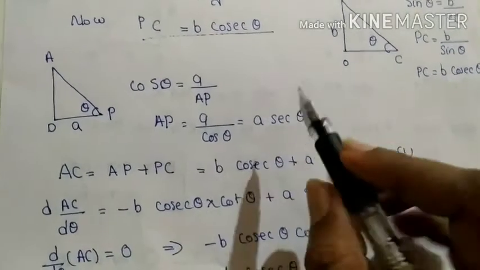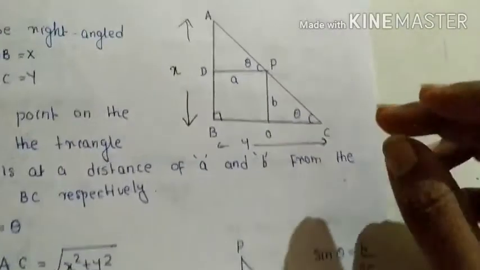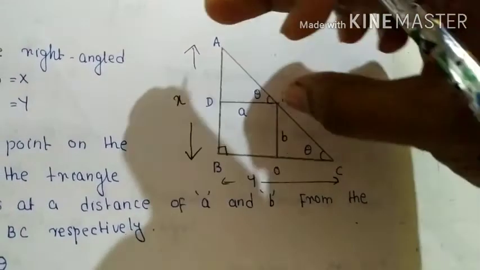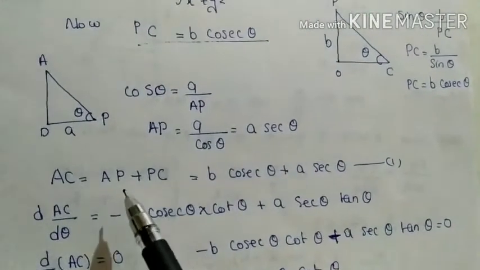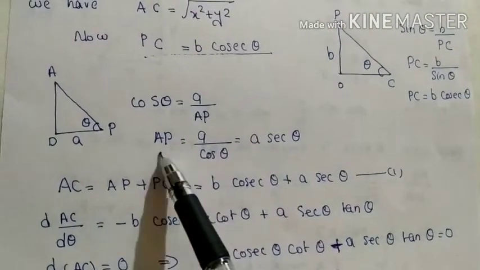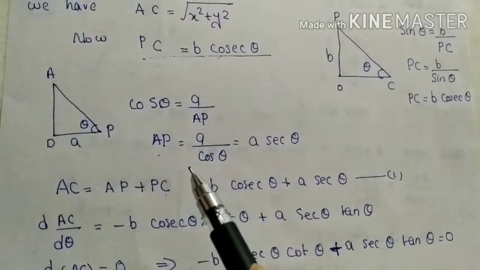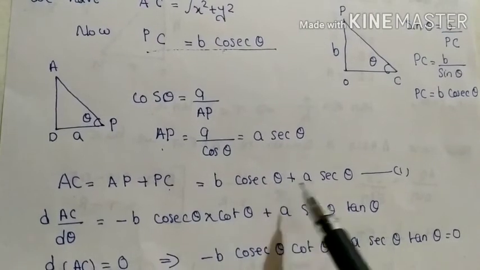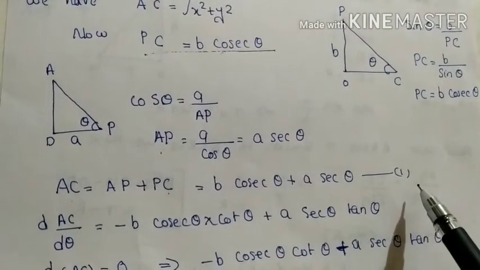From this figure, AC is equal to AP plus PC. So substituting the values of AP and PC, the hypotenuse AC is equal to B cosec theta plus A sec theta. Let us name it as equation number 1.